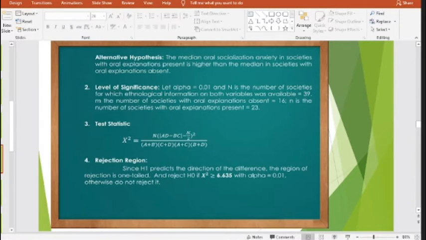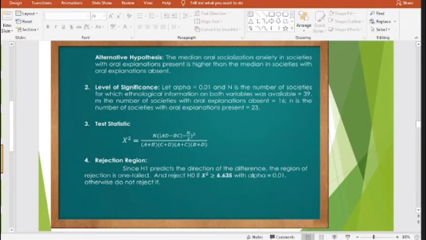So for the test statistic, X squared is equal to N times the absolute value of AD minus BC minus N over 2, all squared, all over the product of A plus B, C plus D, A plus C, and B plus D.